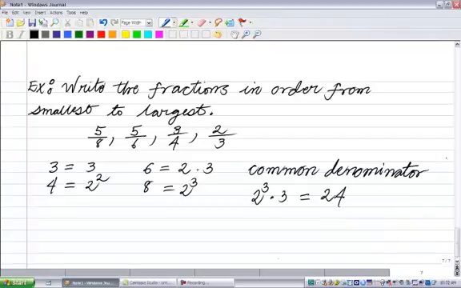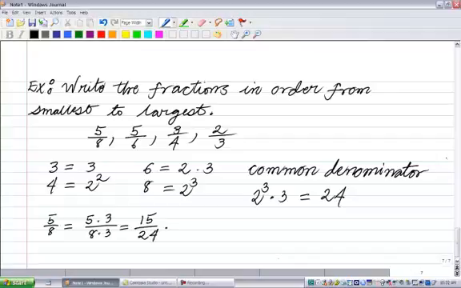So here's what I'm going to do. I have 5/8. I am going to make the denominator 24. Multiply numerator and denominator by 3. So 5 times 3 over 8 times 3 gives 15 over 24.